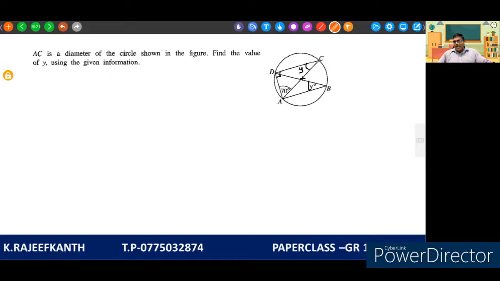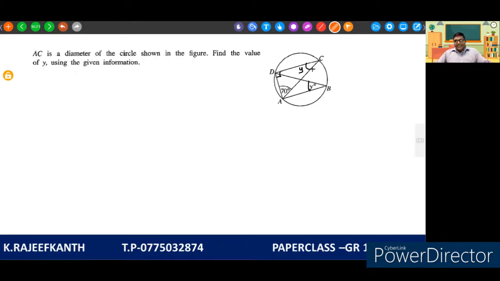These two angles should be equal, right? So if this is y, then this angle is also y, because angles in the same segment are equal.